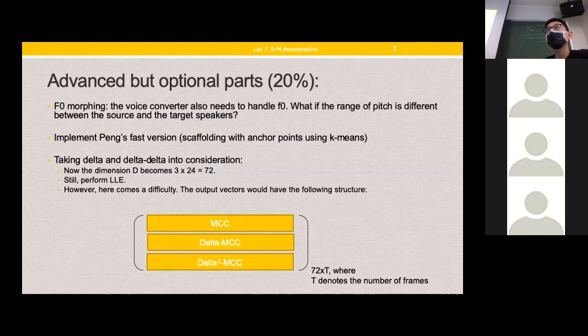And also the delta of that, so double delta, okay? So for 24-dimensional static features, we concatenate this delta, which adds another 24 dimensions. And then we also compute the delta of delta, and that further adds another 24 dimensions. So that's why in the previous lecture, I've been saying that the vector space is 72-dimensional in the paper.